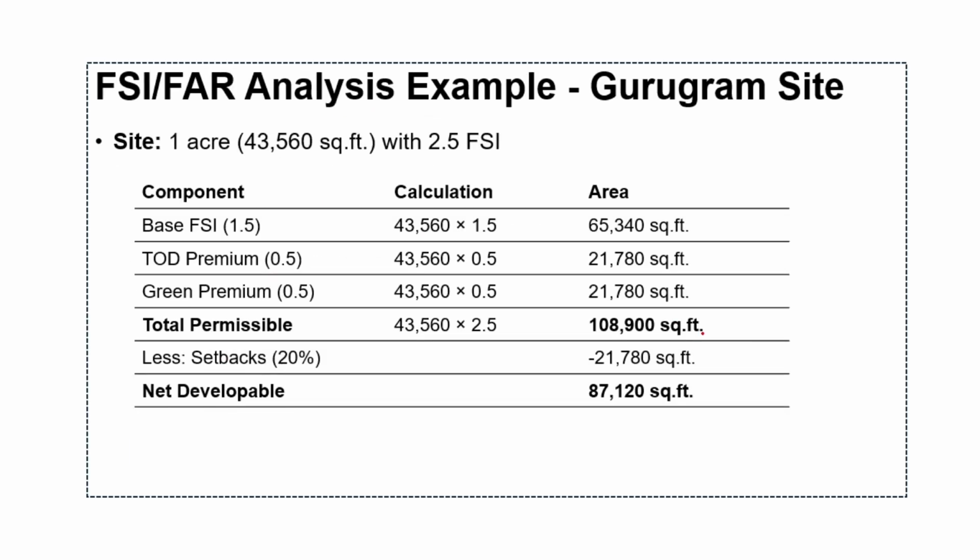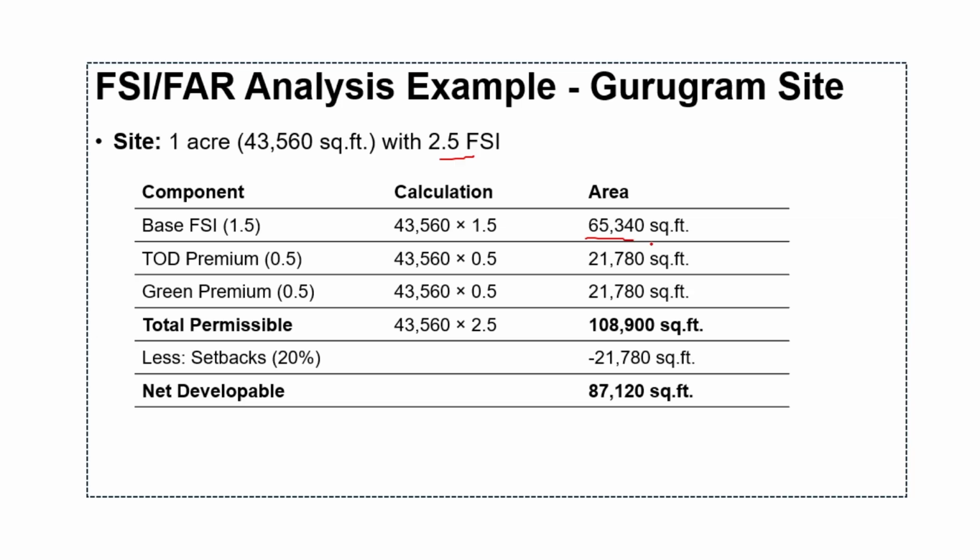Then here we can see the FSI and FAR analysis example from a Gurugram site. So here we can see that our Gurugram site comprises 1 acre with 2.5 FSI allowance. So that is there. The base FSI of 1.5 provides a fundamental development right of 65,340 square feet of basic developable area.